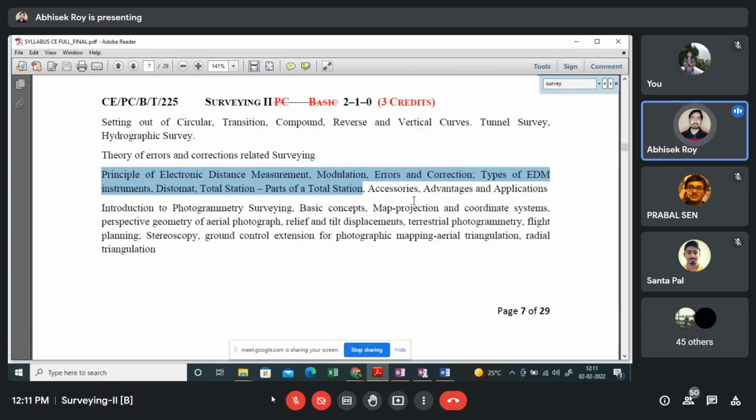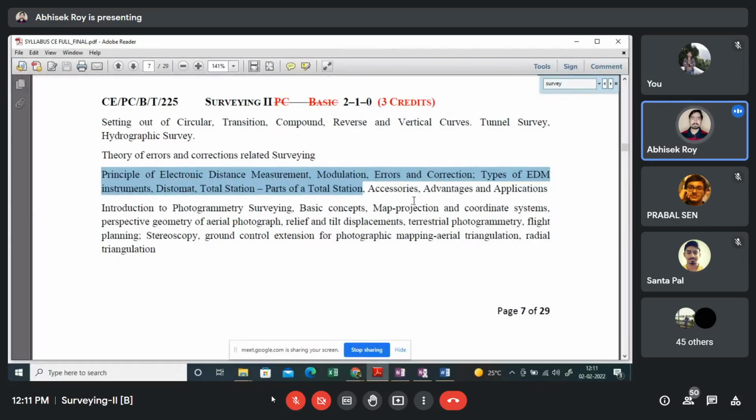If you know the theodolite part, it will be very easy to understand the total station. With the total station you don't even have to go for chaining or measure the distance separately; it measures the angle as well as the distance.